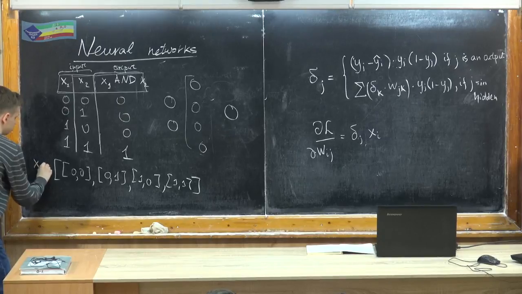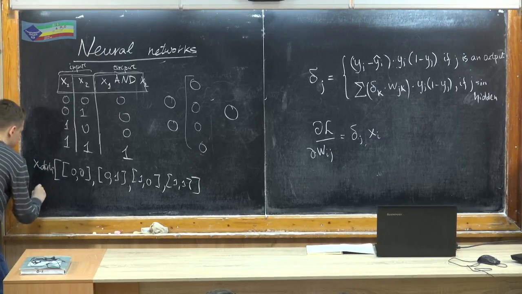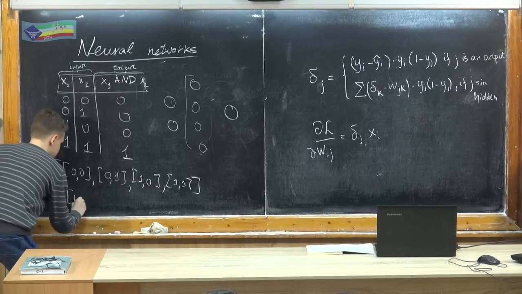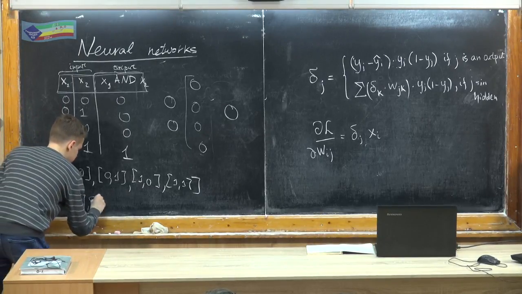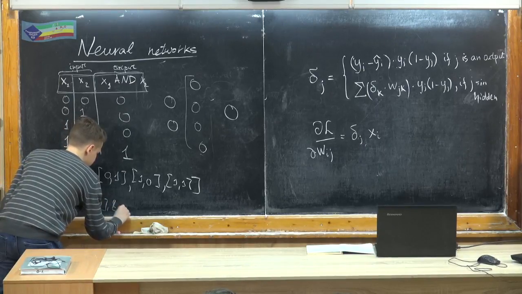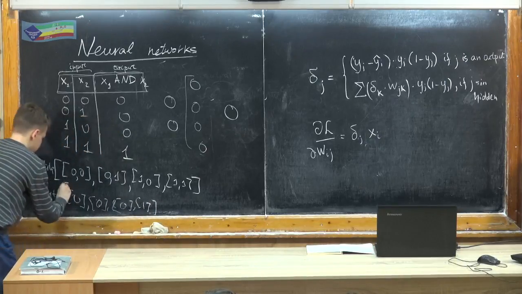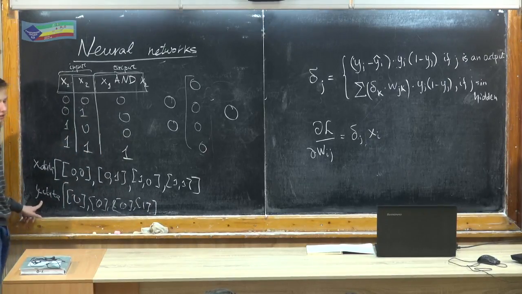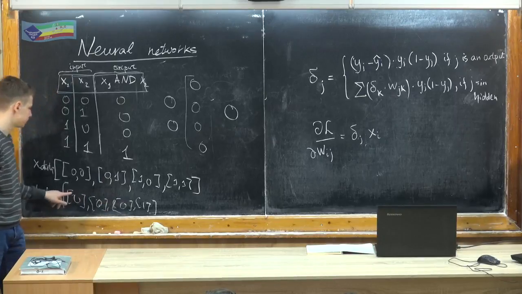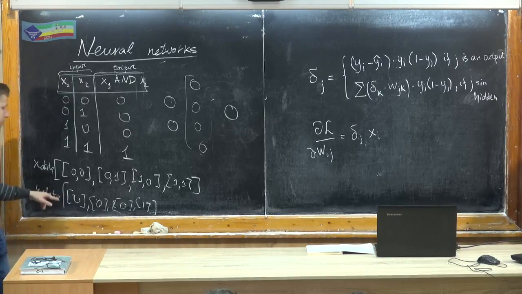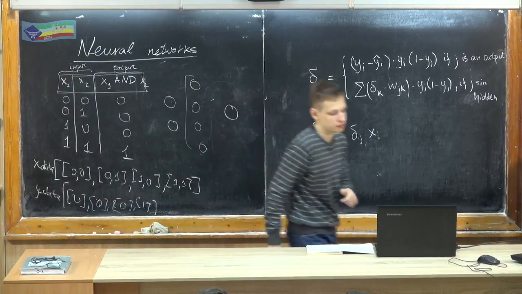This is X data, and Y data will be 0, 0, 0, and 1. And it's important for Y data to be a list of lists, despite that we have only one output and we can just write it as a list, but we still need to write it as a list of lists, because otherwise there might be an error.